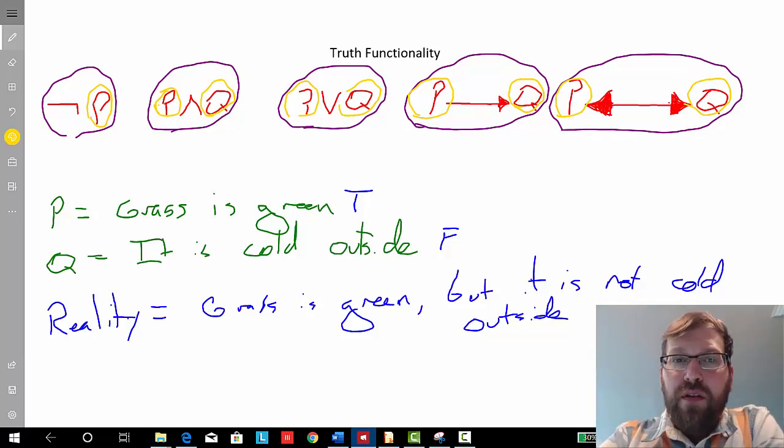So depending on whether our P's are true or false, or depending on whether our Q's are true or false, that's what's going to make the more complex sentence either true or false.